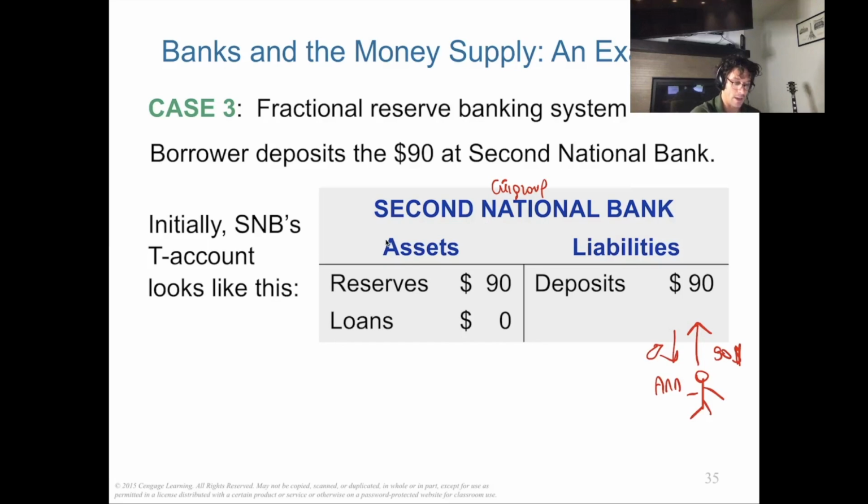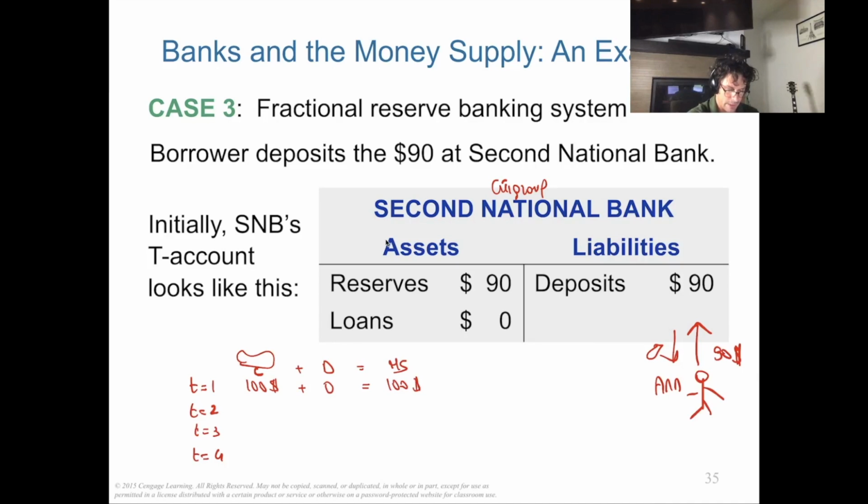Let us look at all the periods: T equals 1, T equals 2, T equals 3, now we are at T equals 4. T equals 1 was the helicopter drop. We get $100 in the form of cash, and currency plus deposits equals the total money supply. There were 0 deposits, these are $100.